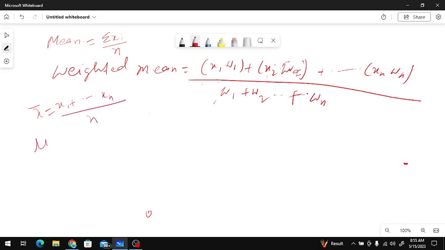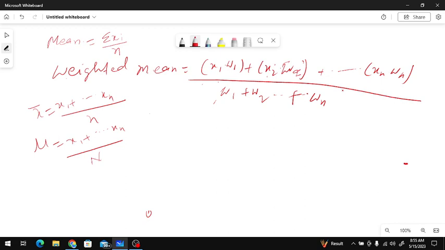And the population mean we can write like this, the sum of xn divided by capital N. Next we will discuss the weightage mean. Weightage mean will equal x1w1 plus x2w2 plus up to xnwn, the whole divided by w1 plus w2 until wn.